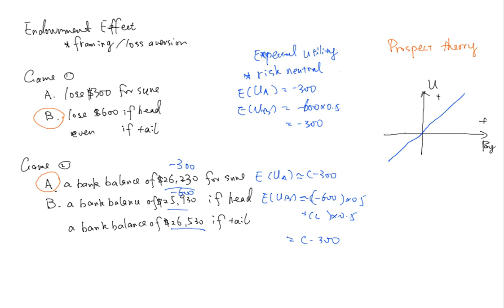It actually doesn't matter to you whether you win a little bit or you win a lot more, because their middle point will lie exactly on the line. What prospect theory proposes is that you actually have an asymmetric utility function. So it looks something like this. If I have a unit of loss here, I'm tremendously worse off.